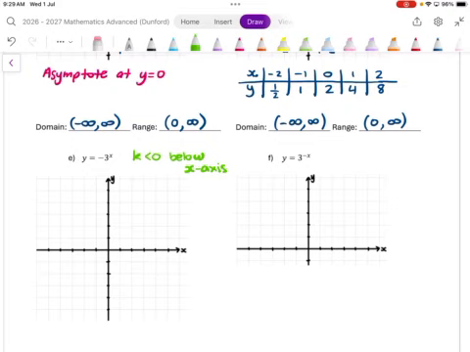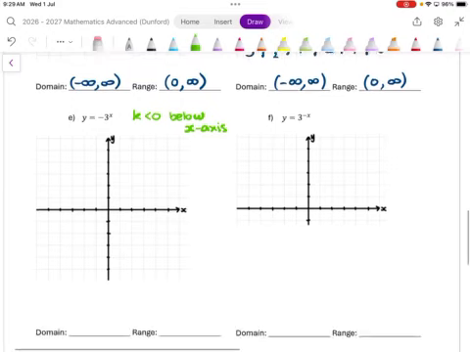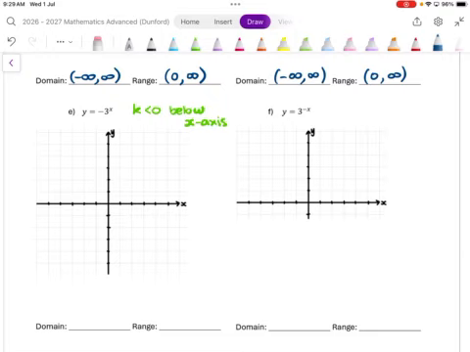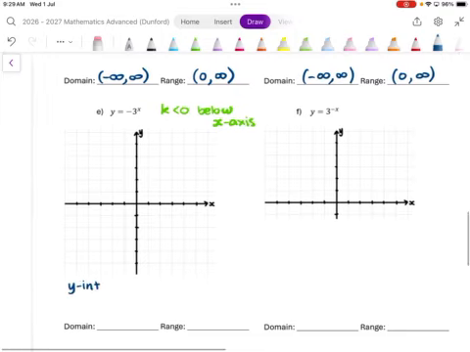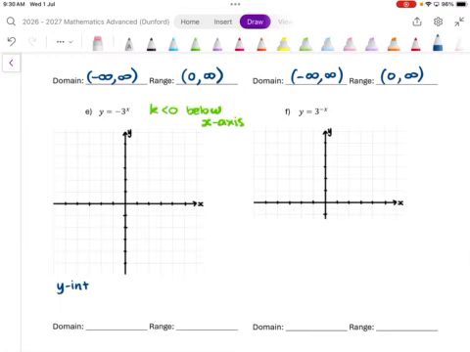Okay. What we're going to have is our y-intercept. I might just do it down here. Our y-intercept is going to be -3 to the power of 0, which is actually -1. So at -1, we're going to have it there. I'm just going to find out what happens at 1. So at 1, it's going to be at -3.